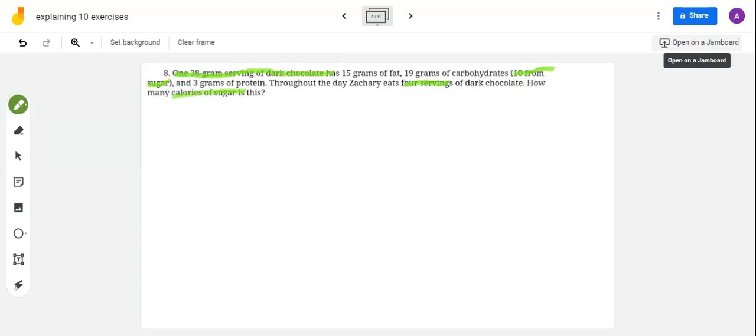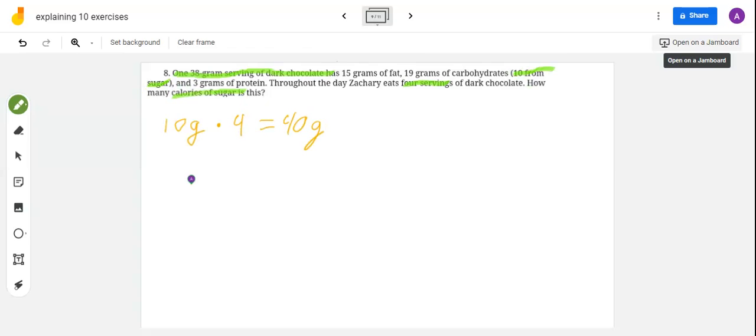For this, we want to take that 1 serving of 10 grams and multiply it by 4, right? Because he's had 4 servings. So that would equal 40 grams, right?